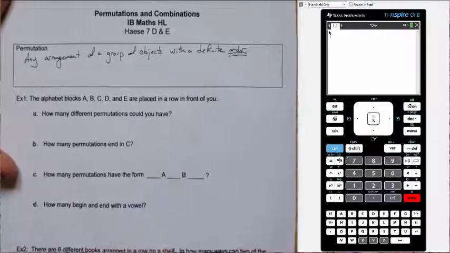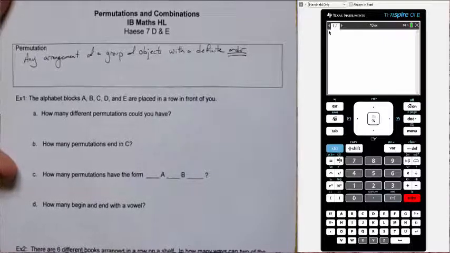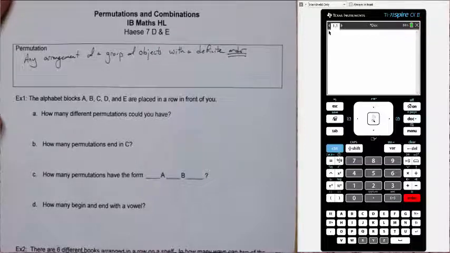Meaning you can tell not only what things you have in the group, but you know where they are in the group. And we're going to see some examples of what those might mean, but I think you can imagine some of those situations on your own.